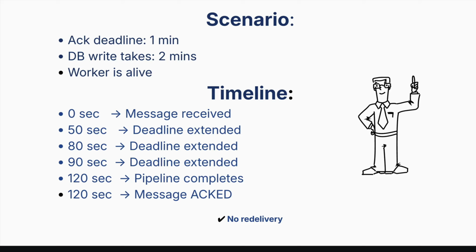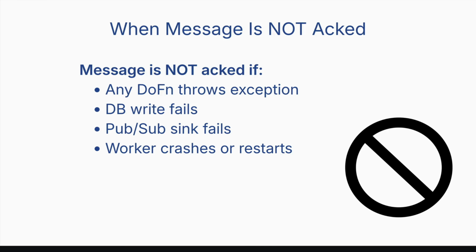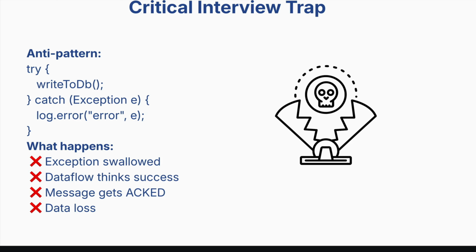But when is the message not acknowledged? It will not be acknowledged if your DoFn is throwing an exception, which is a runtime exception, or if the database write fails, or if the PubSub sink fails, or the worker crashes or restarts. But there is a critical interview trap here. Specifically, the anti-pattern where Dataflow will consider the message to be successful and acknowledge it is when you are explicitly catching a database exception and not throwing it.